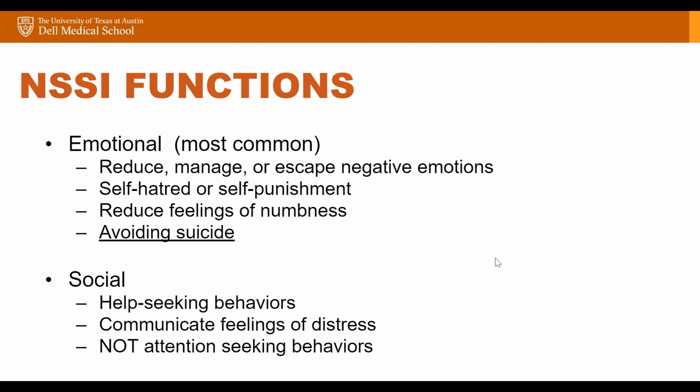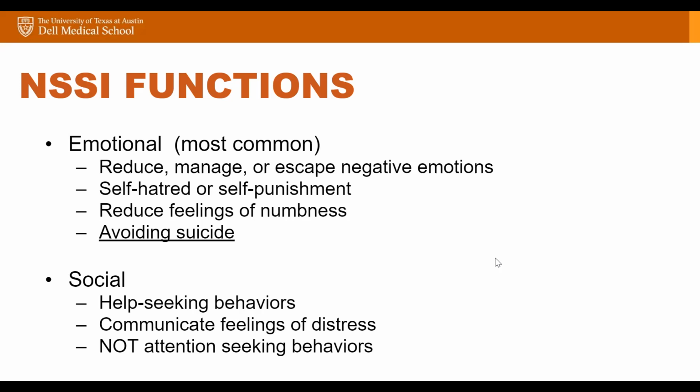So some youth will engage in the behavior itself as a way to seek help from others, to communicate feelings of distress. One thing that I've heard at times from providers or from parents as well is that they will at times see self-injury, or have heard of others seeing self-injury, as a way to seek attention, as attention-seeking behavior.